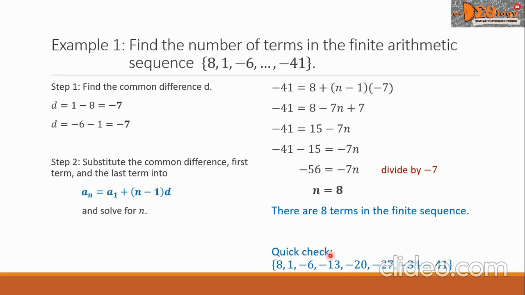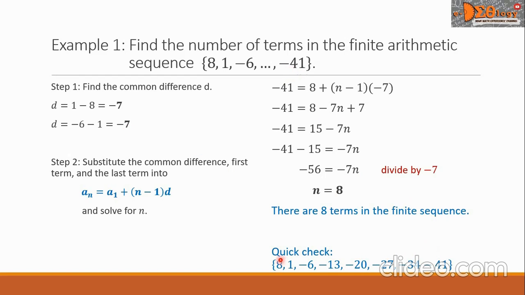Negative 13 plus negative 7 is negative 20. Negative 20 plus negative 7 is negative 27. This negative 27 plus negative 7 is negative 34. This negative 34 plus negative 7 is negative 41. And we stop, because that is now the last term.